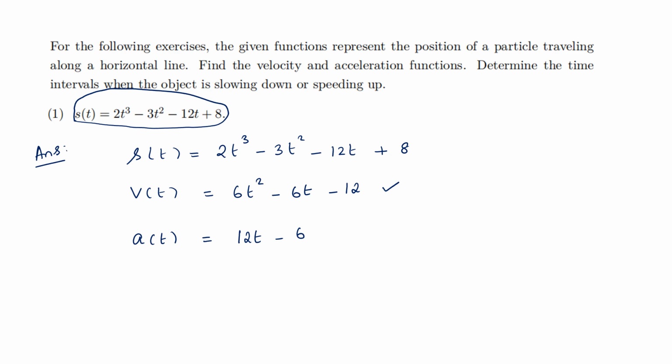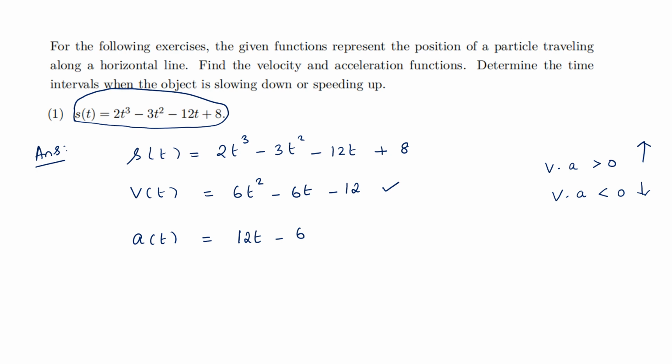How do we find this? In the interval where the velocity function and acceleration function are both greater than 0, or their product is positive, the object is speeding up. Suppose the product of velocity and acceleration is negative, then it is slowing down. This is our concept.